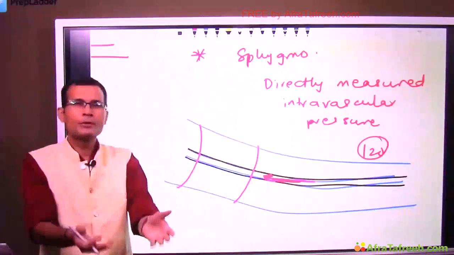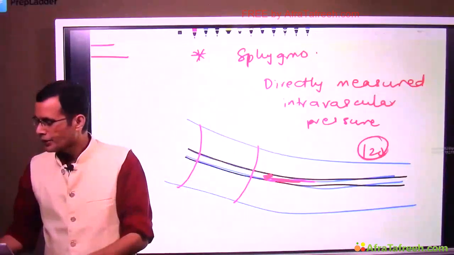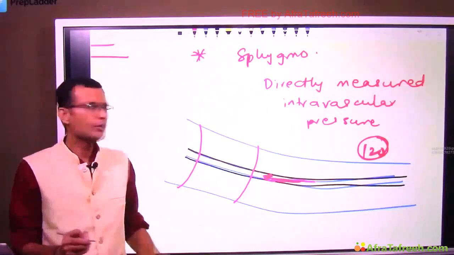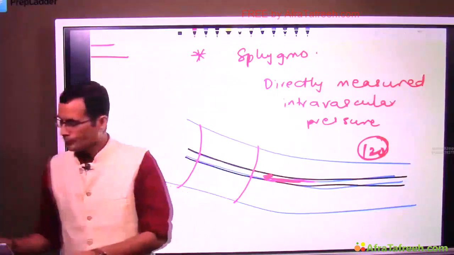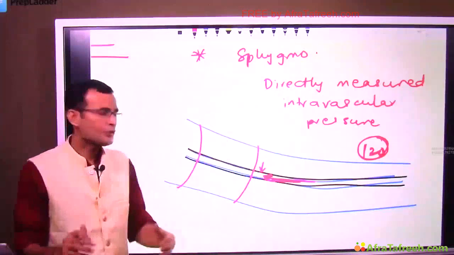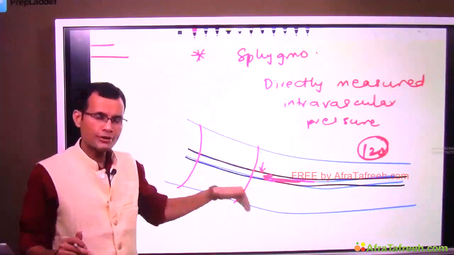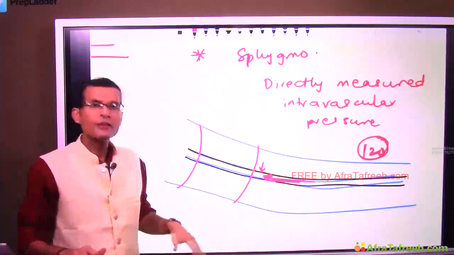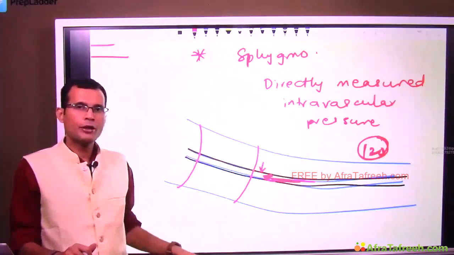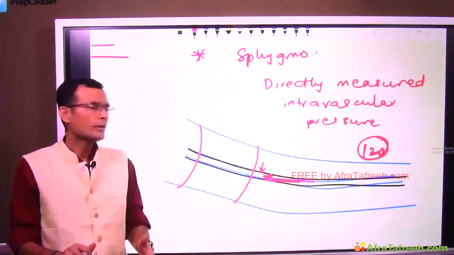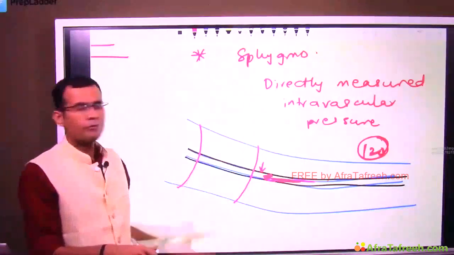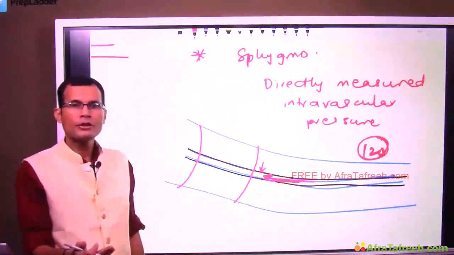And what is the principle? Look, it's a principle of physics. Let's say pressure in the artery is 120 mm of Hg. So when the pressure just outside the artery becomes 120 or just above 120, then the vessel will be completely occluded. Okay, that's the principle on which we perform the palpatory method, auscultatory method.